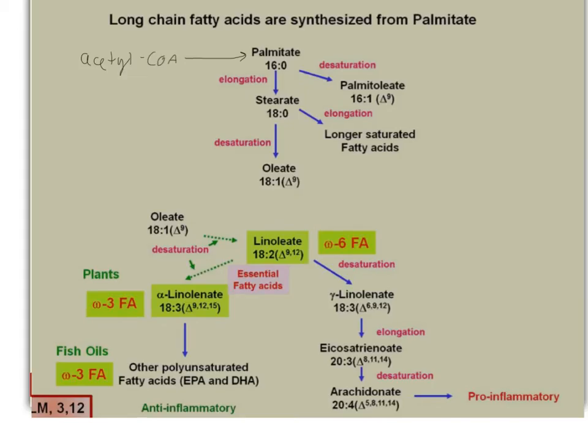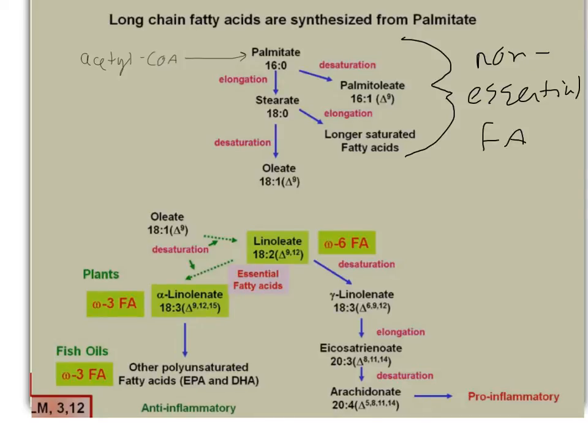Somewhere between 21 and 30% of our fat stores in our body are from palmitate. And from there we have enzymes that can elongate it or desaturate it, producing other fatty acid products. So all of these would be examples of non-essential fatty acids.